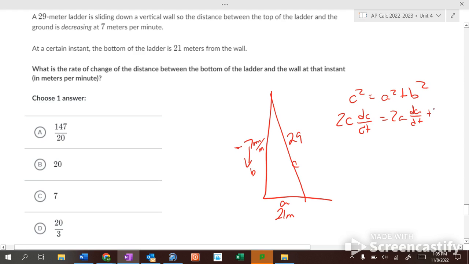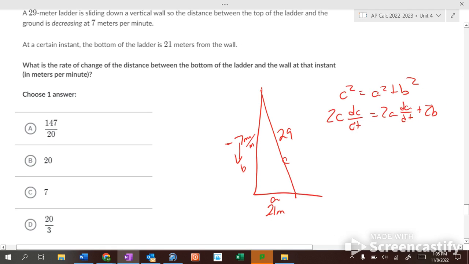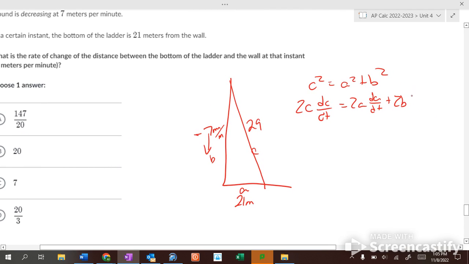I did it again, because I think faster than I write. dB dt: is the ladder changing length as it's going down the wall? No, so this would be 0. So 2 times 29 times 0 here equals 2 times A, where it's 21 meters away from the wall. We're looking for dA dt.